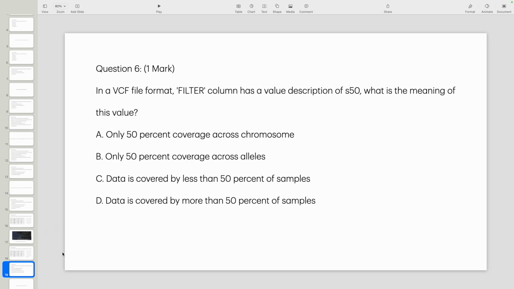Filter field basically tells you about the quality of the base that we are calling at a certain position, or the quality of the variant that we are calling. So look into the field of filter.